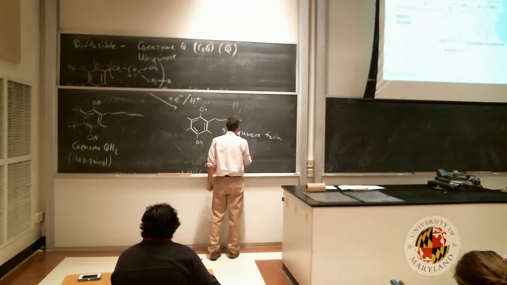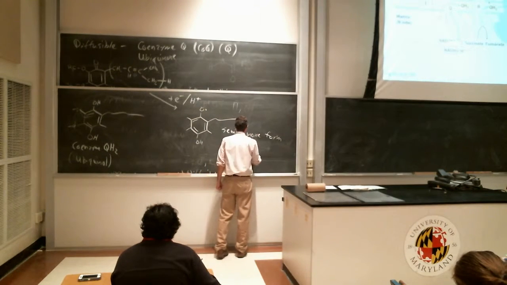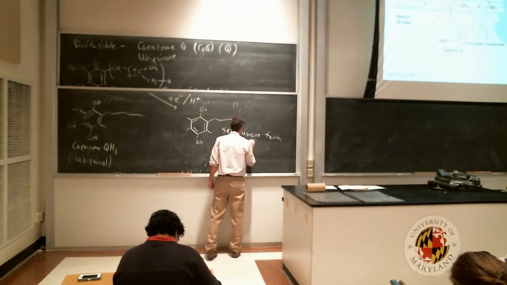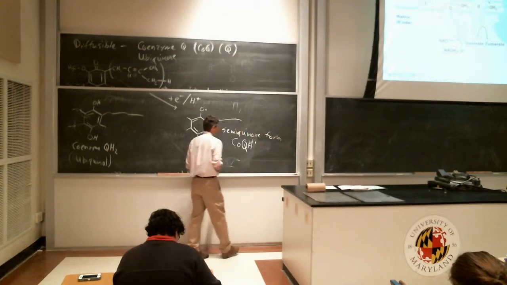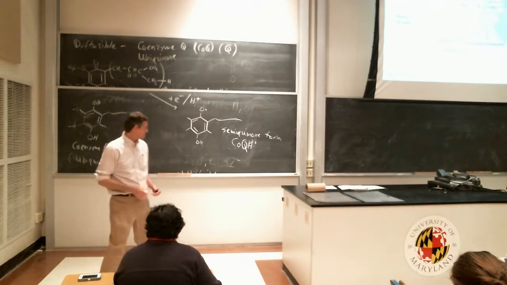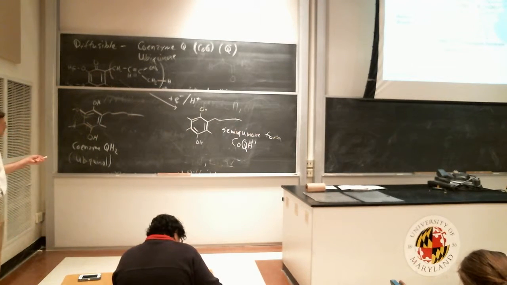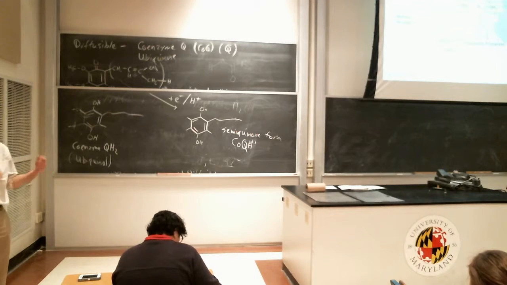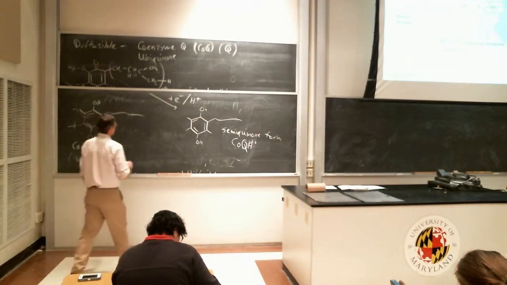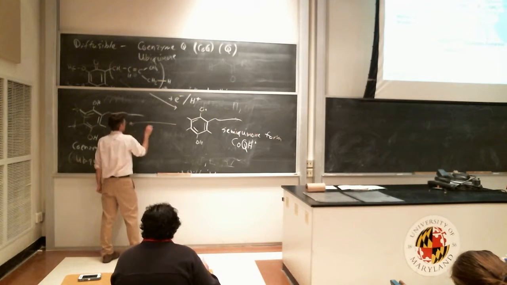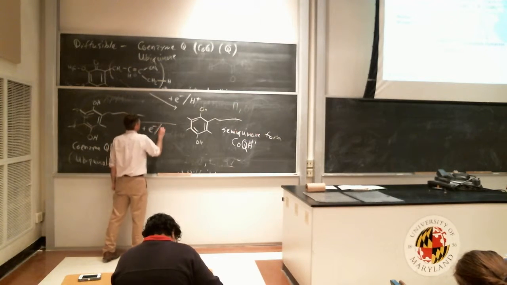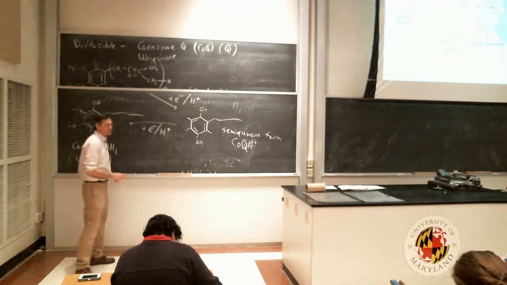I think you could rewrite this as co-QH dot or QH dot. And that's the semiquinone. So the oxidized form can accept 1 electron and make this stable semiquinone form. The semiquinone form can then accept the 2nd electron and become the fully reduced quinone form.